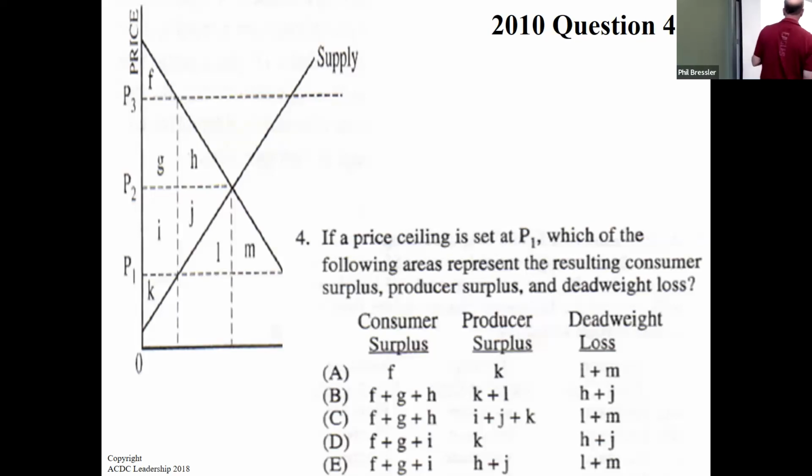They didn't do it for you on the question, but that's what I would do. So above the price, below demand: I, G, and F. Producer surplus is below the price, above supply: K. And then your deadweight loss, H and J. Any questions there?